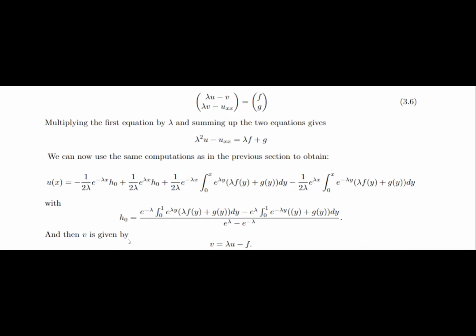Okay, and next, yes, you can write V equals lambda U minus F here. So lambda identity minus A minus 1 is well defined in all X. Okay, so now I need to prove that our operator is bounded and that I have a bound in the operator norm of 1 divided by lambda.